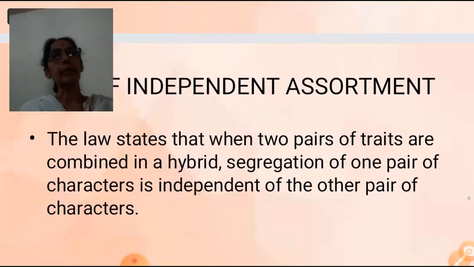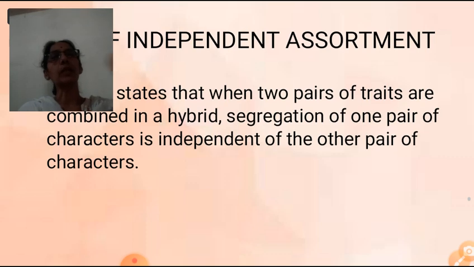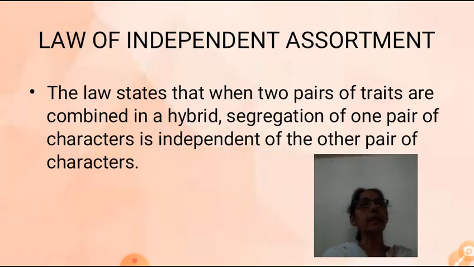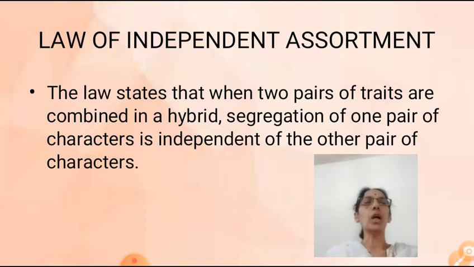After dihybrid cross, Mendel has formulated the third law of inheritance, that is called law of independent assortment. Can you recollect? First law is law of dominance. Second one is law of segregation, that is the universally accepted law.